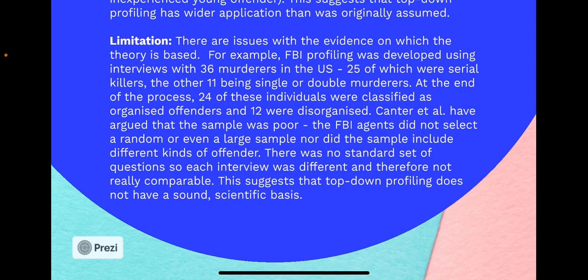So Canter argued that the sample was poor, the agents didn't select random individuals, they didn't even use a large sample, and the sample didn't include different kinds of offender. Also, there was no standard set of questions, so each interview was different, so you can't really compare them. So it suggests that top-down profiling doesn't have a scientific basis.